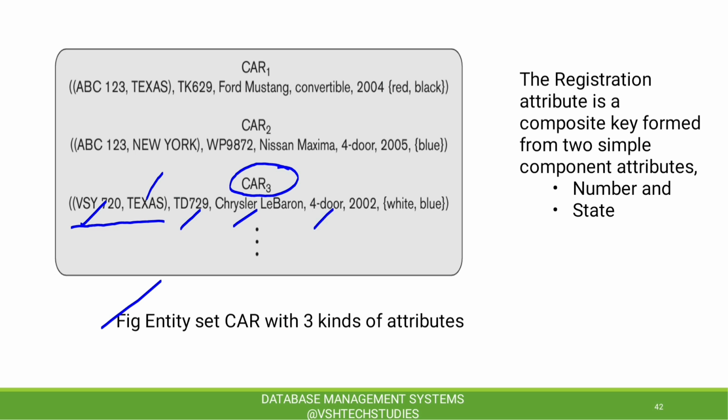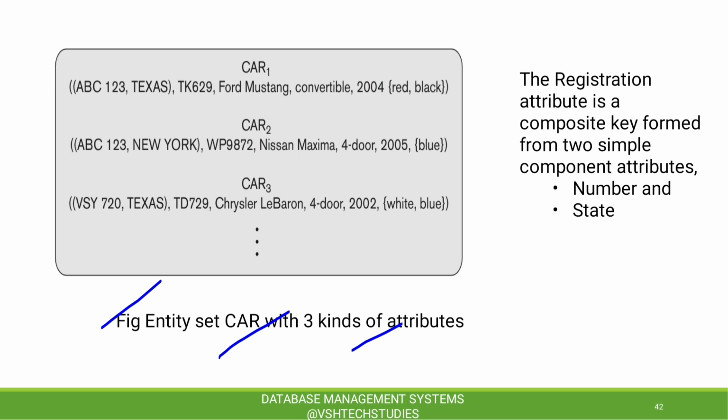This is the year attribute value 2002. This is the multivalued colors attribute, white comma blue. So this model is available in two colors. That is all about the entity set of car with three kinds of attributes: simple attributes, composite attributes and multivalued attributes.